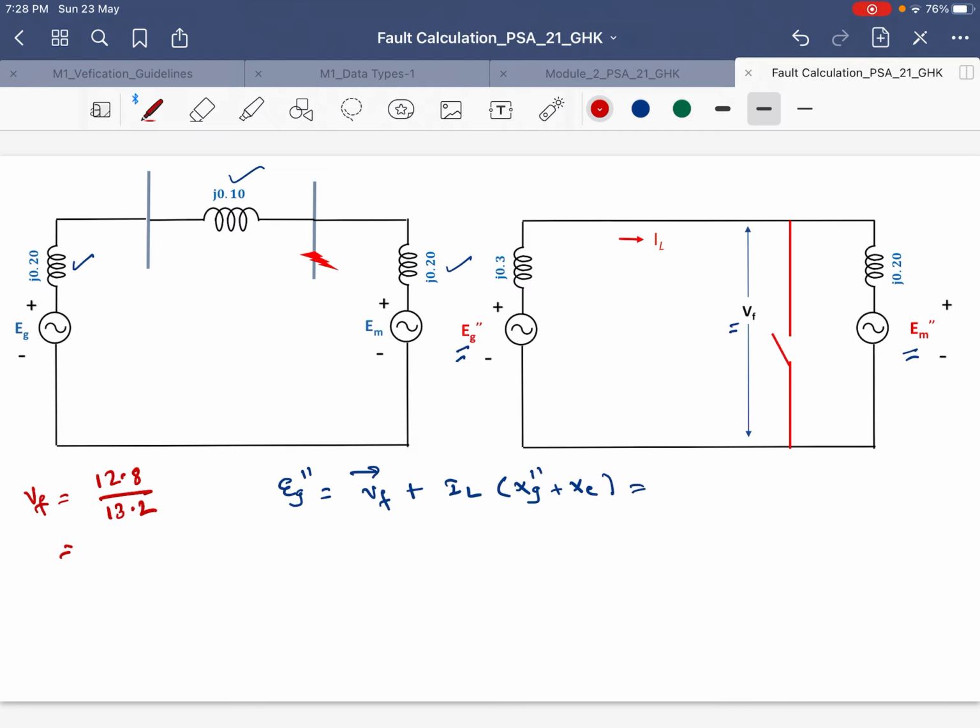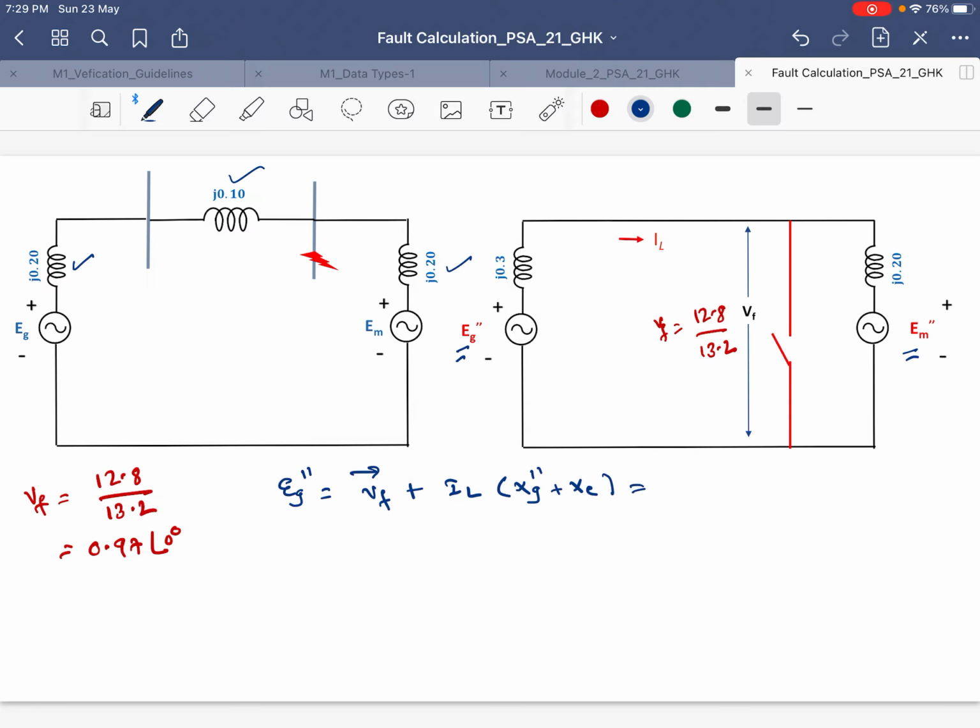Therefore, the pre-fault voltage in per unit is 0.97, taken as the reference at an angle of 0 degrees. That is why I have taken it here: Vf is 12.8 divided by 13.2, that is 0.97 at an angle of 0 degrees.